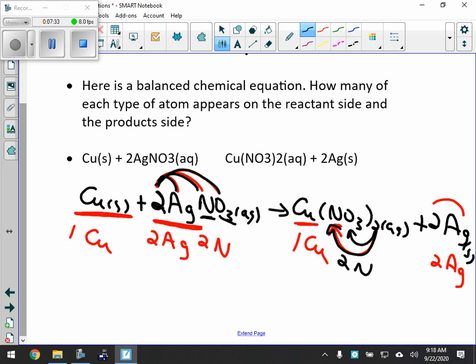If I had 2 O3s, how many oxygens do I have in total? 6. We multiply those 2 numbers together, so I'm going to get 6 O's here. How many oxygens do I have here? Remember, this 2 has to go to this entire thing here. So again, O3 and O3. 2 times 3 is 6. So I have 6 O's there.